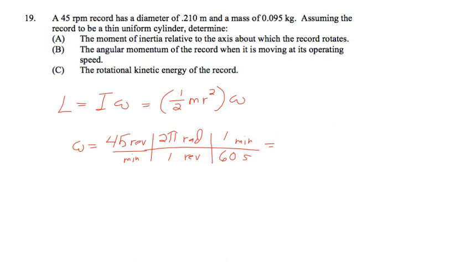Now my units for angular momentum, does anyone know what the units will be for this? What do you think the units are going to be? Now the units for regular momentum are just the units for mass times the units of velocity. So regular momentum, P, would be kilogram meters per second.